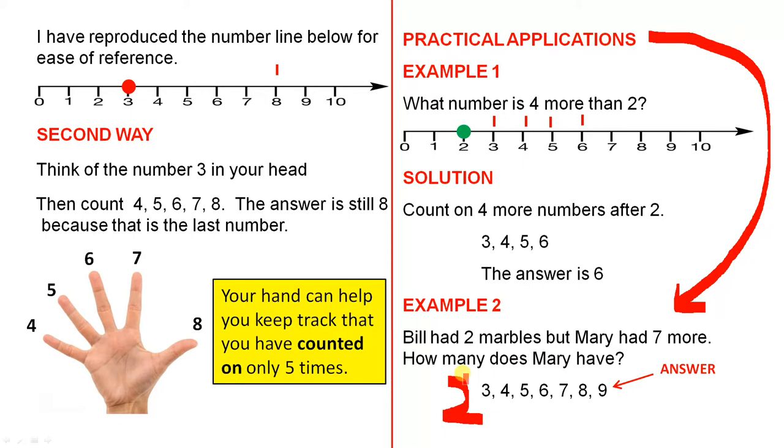So all you have to do is count on 7 places. 1, 2, 3, 4, 5, 6, 7. So of course after 2 you have 3, after 3 you have 4, and so on. So the answer is 9. So there's a simple problem in everyday life where you can use counting on.